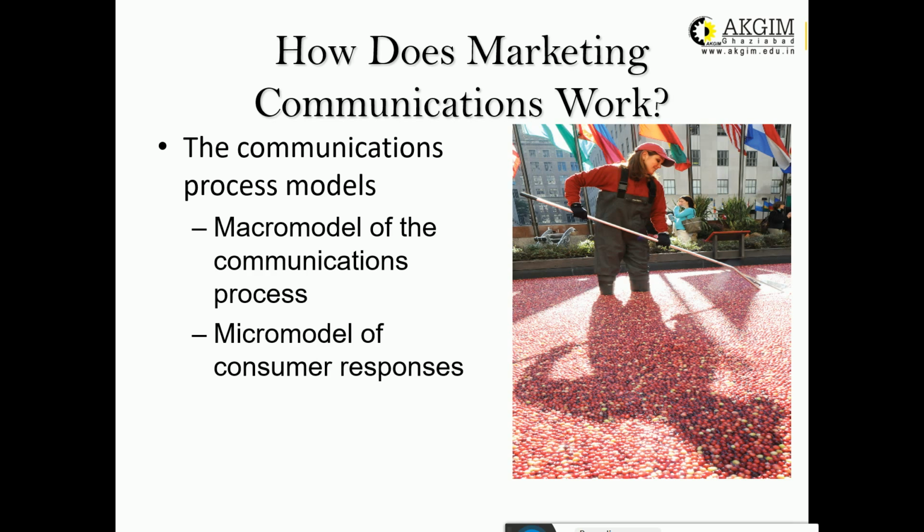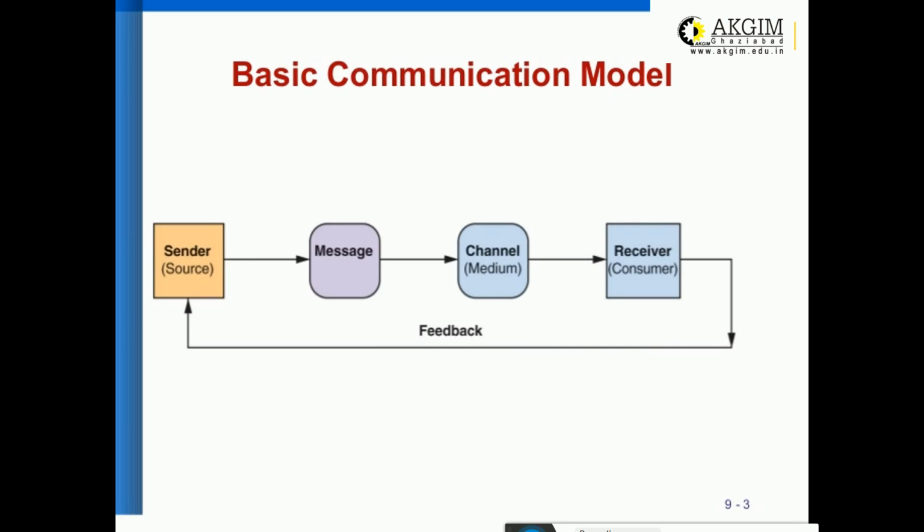All such questions need to be addressed by proper marketing communication tools like advertising, sales promotion, events, and experience. Today in this session we'll be talking about the communication process model. There are two major models: the macro model of the communication process, which is the same as the human communication model, and the micro model of consumer response.